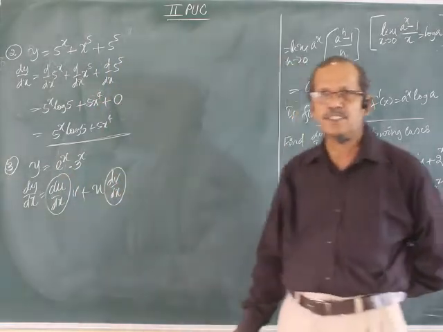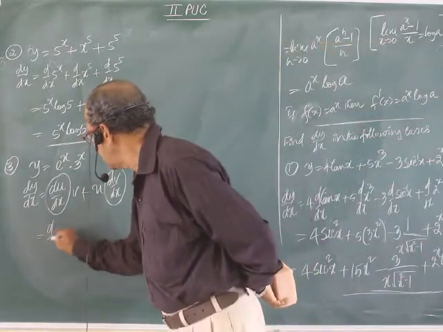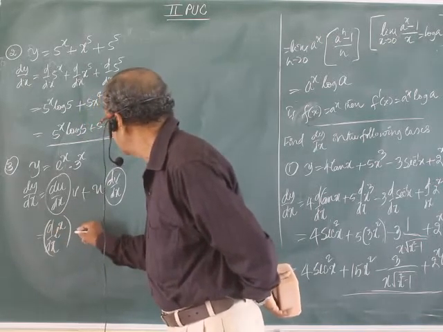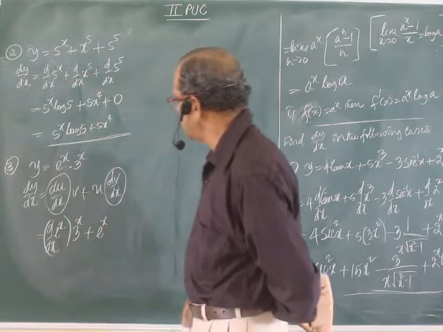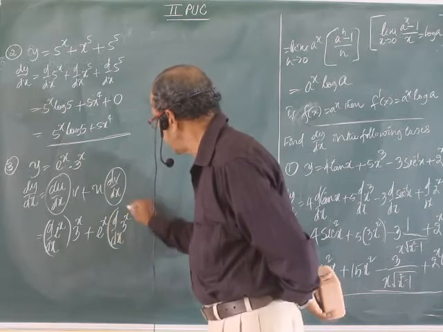Product formula first. Equal to d by dx of e to the power x into 3 to the power x, plus e to the power x into d by dx of 3 to the power x.